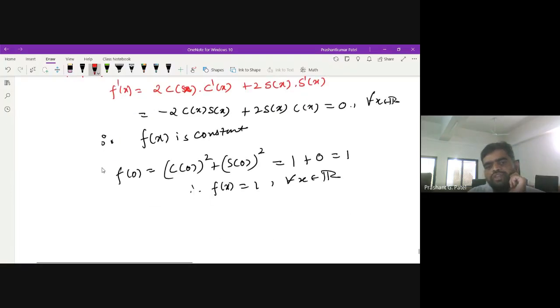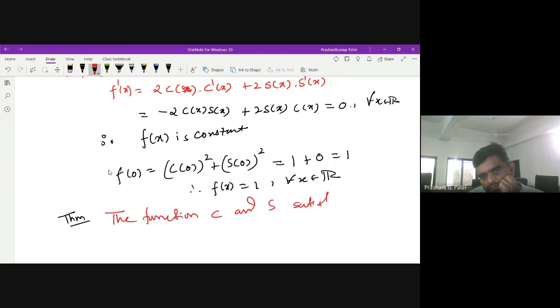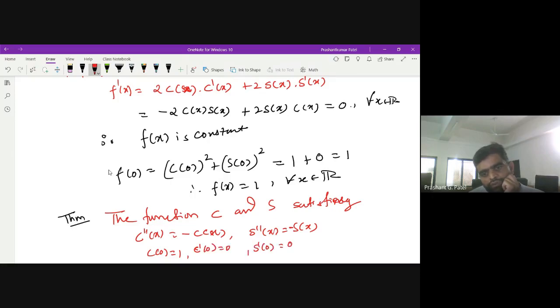So that is the next objective, to prove that the functions c and s satisfying c double dash of x is minus c of x, s double dash of x is minus s of x, c of 0 is 1, c dash of 0 is 0, s of 0 is 0, and s dash of 0 is 1 are unique.